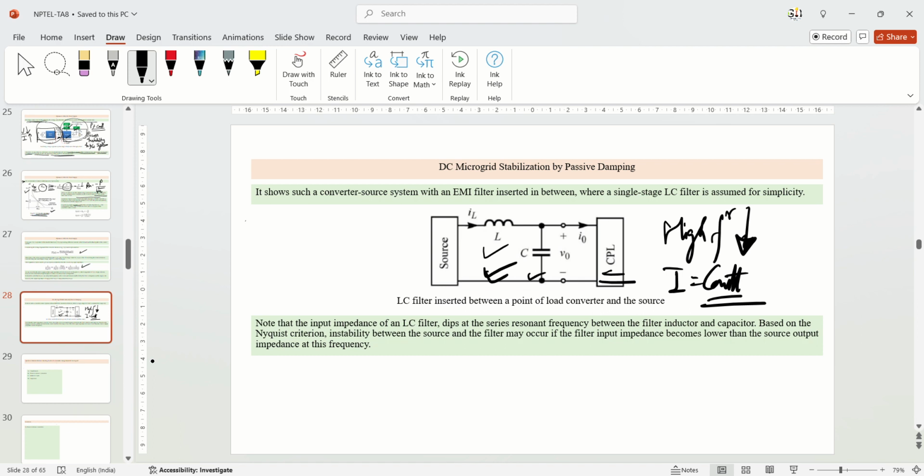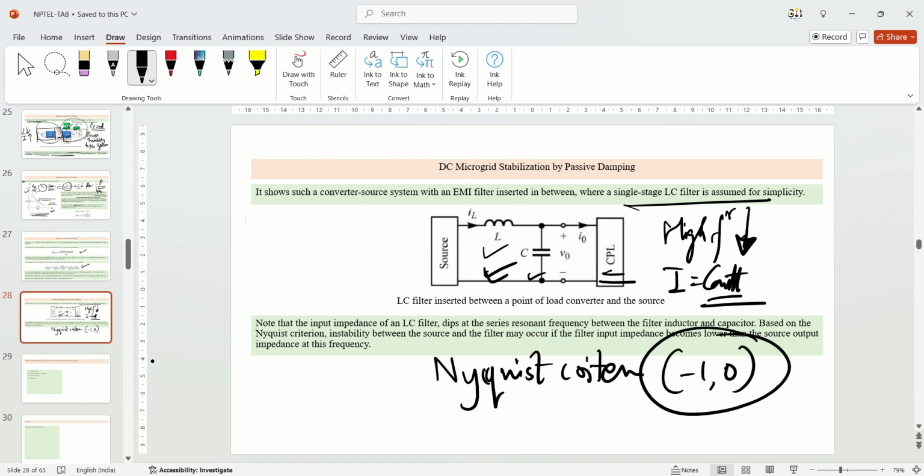This can similarly be explained: if you can see this single stage LC filter, how is stability considered in this situation? That is through the Nyquist criteria. Stability can be explained so that you can figure out the -1 0 encirclements, and N is equal to P minus Z, the number of open loop poles.